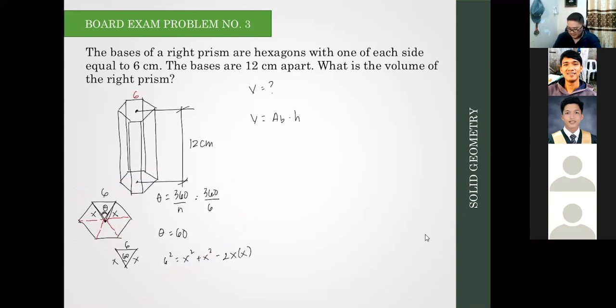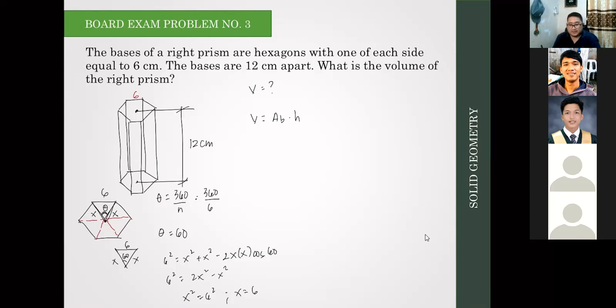Okay? So, pag sinimplify natin yan, 2 times cosine 60, cosine 60 is 0.5 times 2, magiging 1. So, 1x squared. So, this will be 6 squared is equals to 2x squared minus x squared, or x squared is equals to 6 squared, or x natin is equals to 6. So, ibig sabihin, equilateral triangle nga siya.